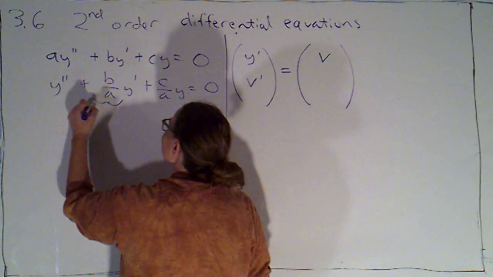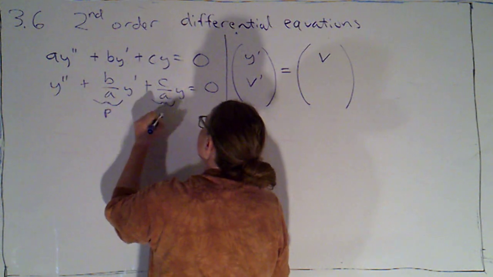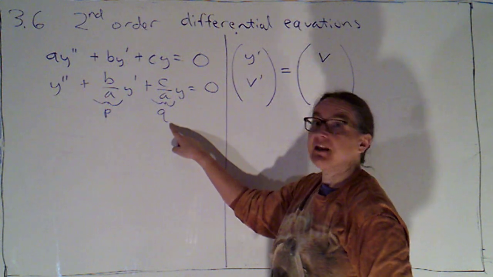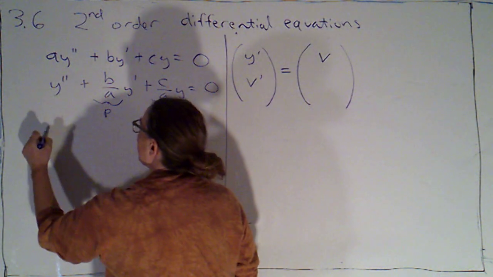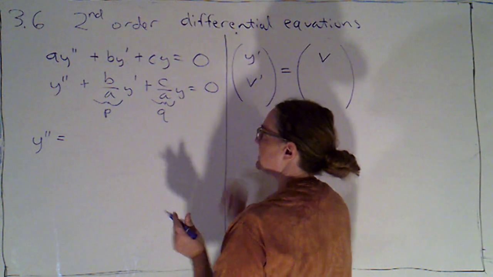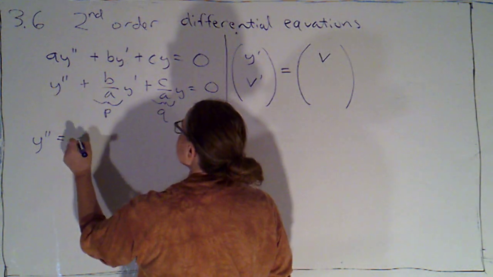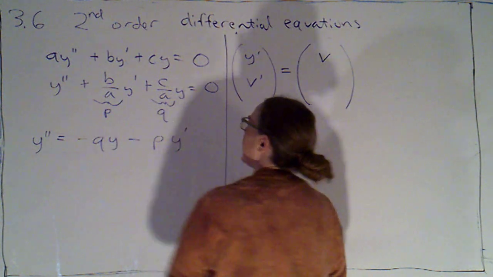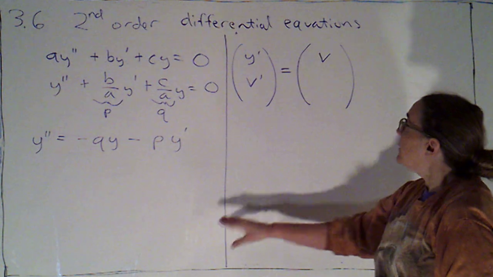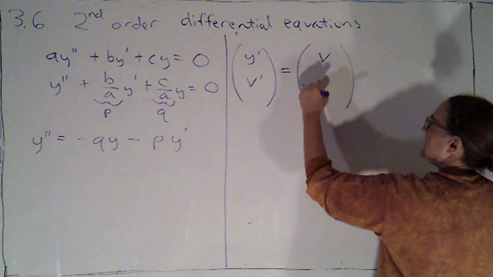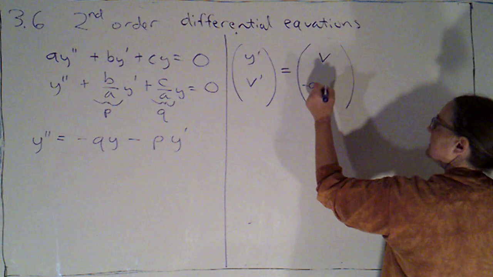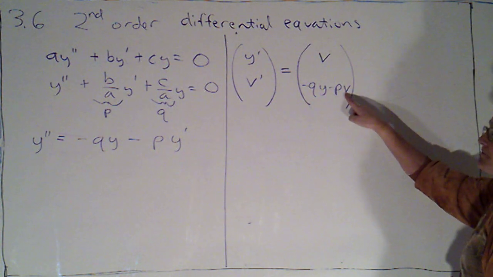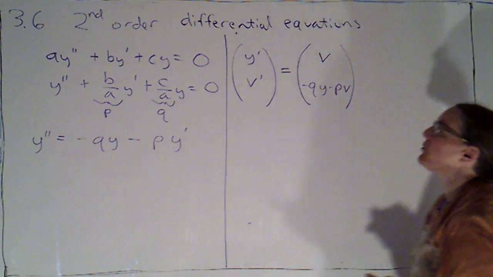I'm just trying to match the notation in the book, because then they call b over a p and c over a q. And so when I solve for y double prime, then I'm just subtracting these guys over. So I'm going to get negative q times y minus p times y prime, which means v prime is negative q times y minus p times v, because v, of course, is the name that we've given to y prime.